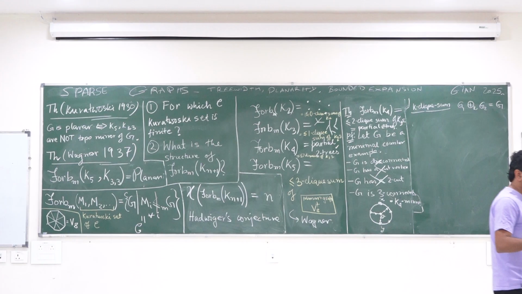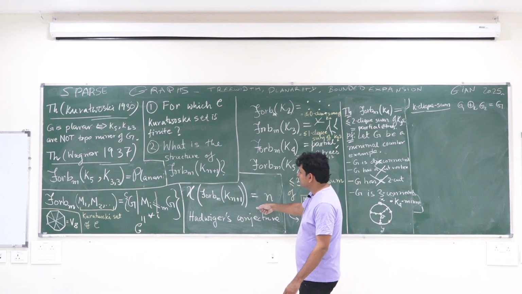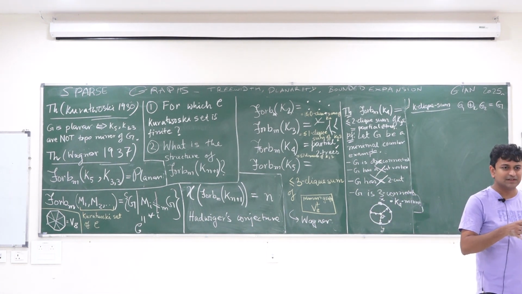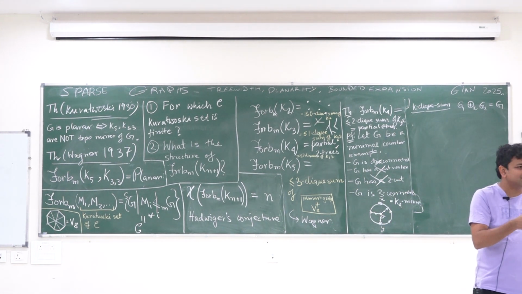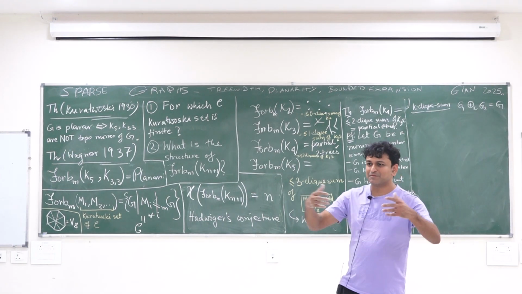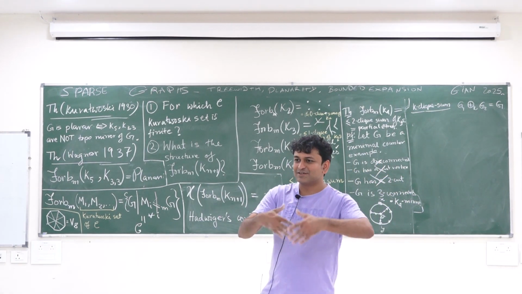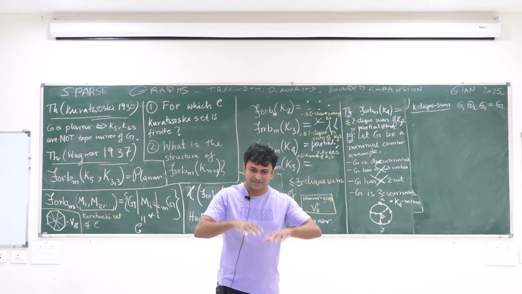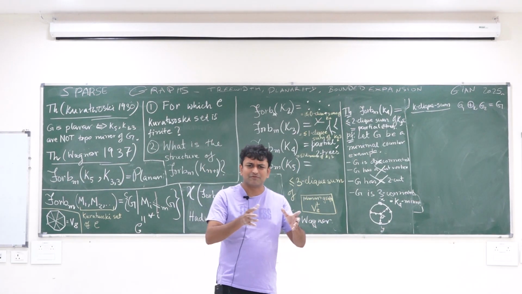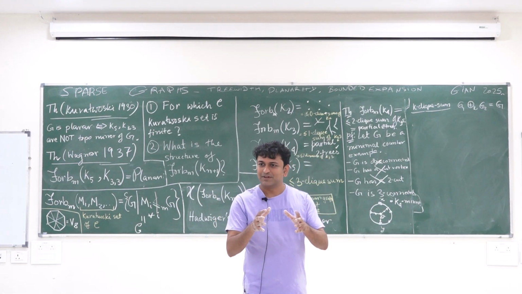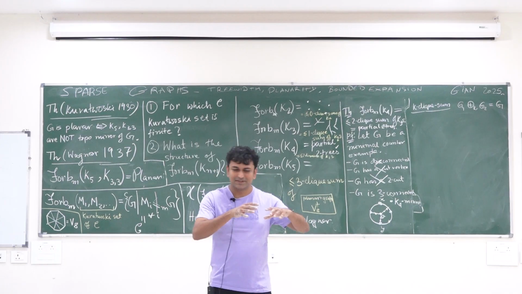What they prove is that they again take a minimal counterexample, and then they show that the minimal counterexample cannot be disconnected, cannot be 1-connected, 2-connected, etc. And then finally they say the minimal thing should be some 5 or 6 connected, and then they say this minimal counterexample has to be of the following form.